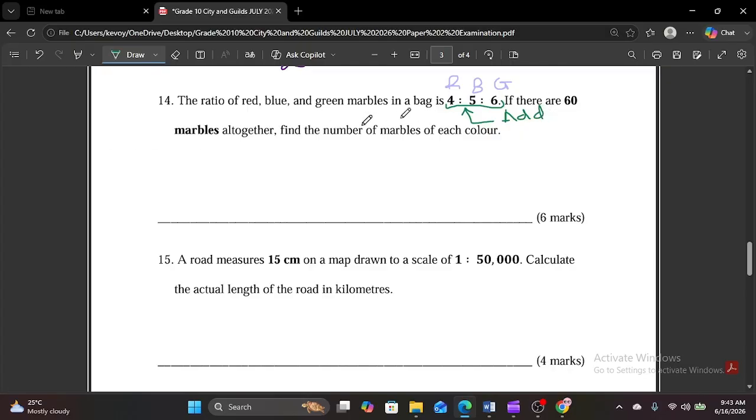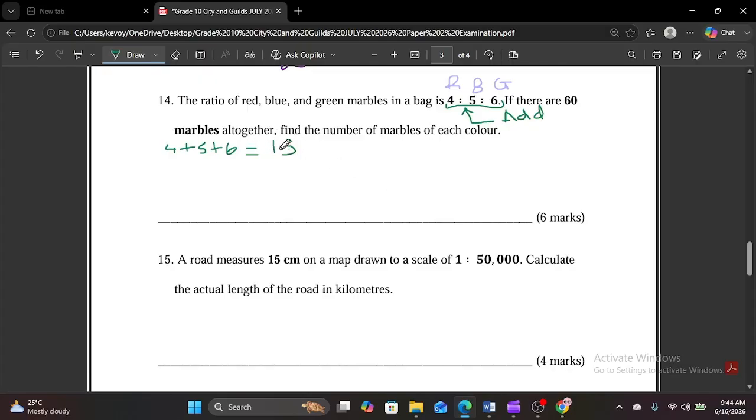So 5 plus 4, that's 9. 9 plus 6, that's going to be 15. So after adding 4 plus 5 plus 6, you're going to get 15.